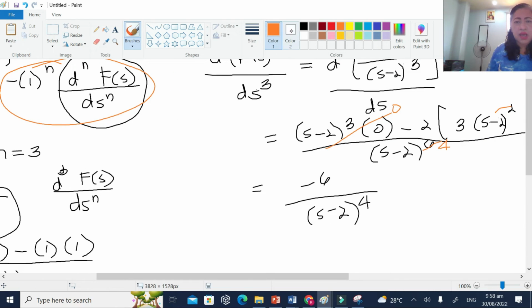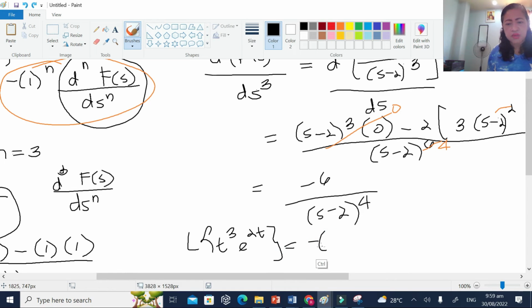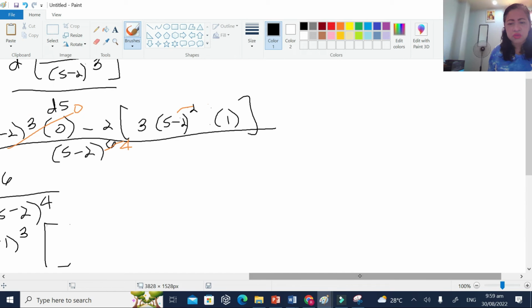The Laplace of t cubed e to the 2t will now be equal to negative 1 raised to the 3, that is to the n, times the third derivative of your function of s.